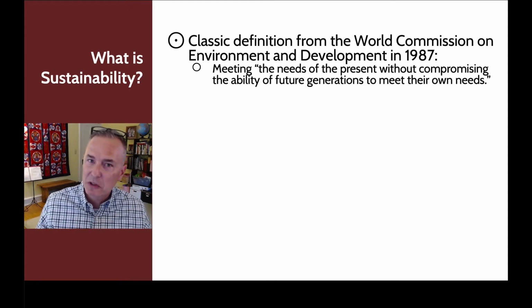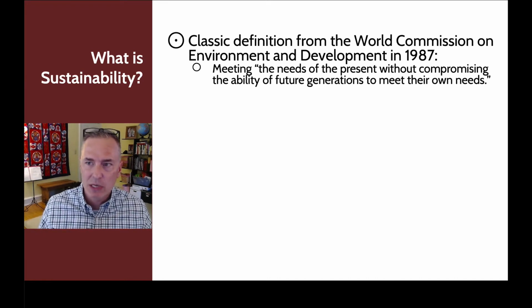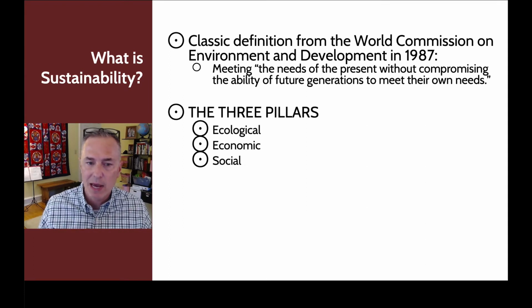So it's a feel-good definition. It's also relatively easy to grasp. I think that's one of the main reasons why it's been so successful as a definition, because it is something that you can grab onto and take hold of, and it makes sense in that way.